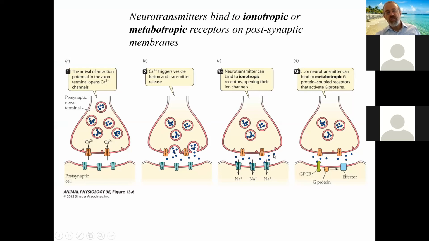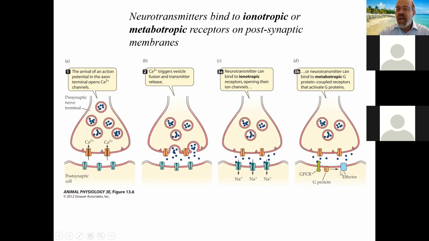What we just learned, of course, with chemical synapses is that neurotransmitter binds to a receptor. It can either bind to an ionotropic receptor, as you can see right here. In this case, this happens to trigger the influx of sodium. Or it can bind to a metabotropic, which is abbreviated as GPCR, G-protein coupled receptors.